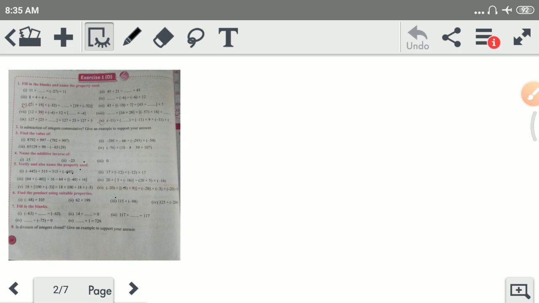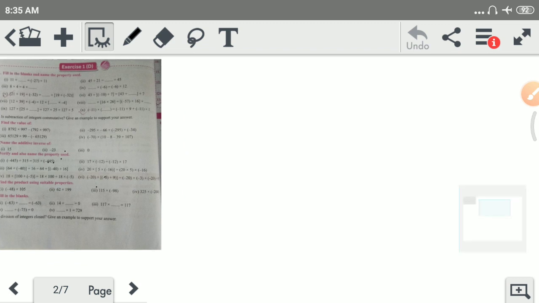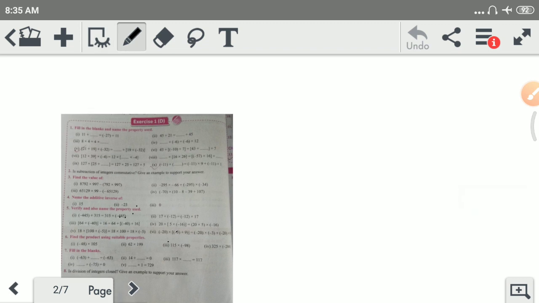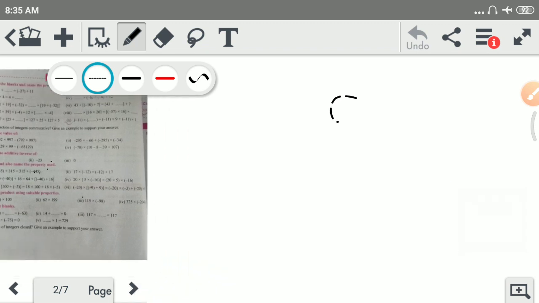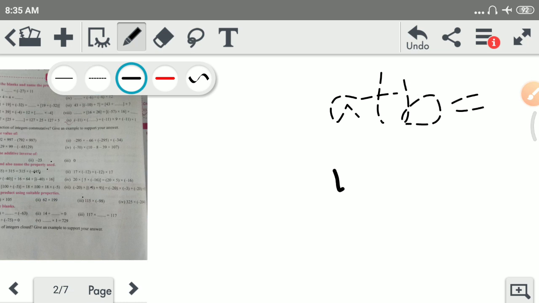Then your second property, the commutative property. What is the commutative property? If A plus B is equal to B plus A, then that will satisfy your commutative property. Suppose you have two integers, A and B, and whenever you change the order, the answer will remain the same.